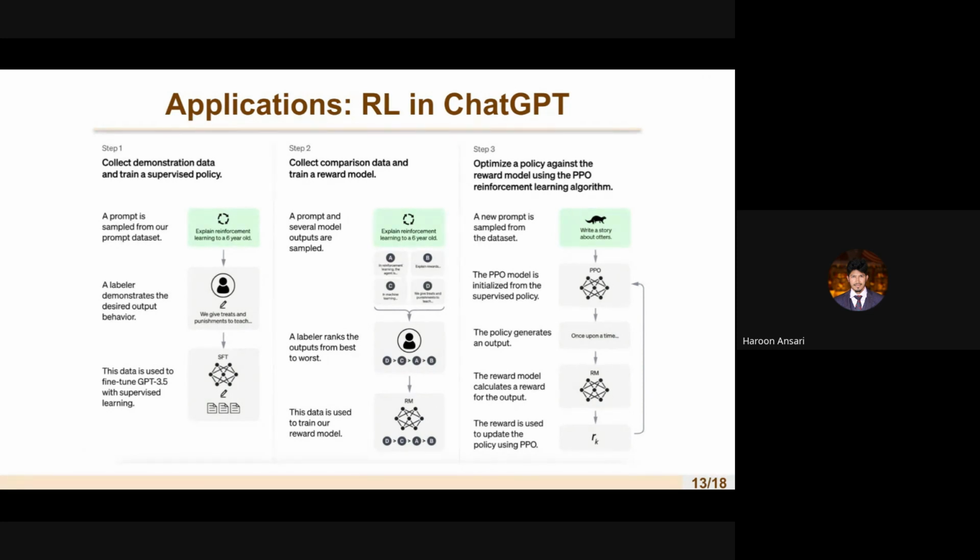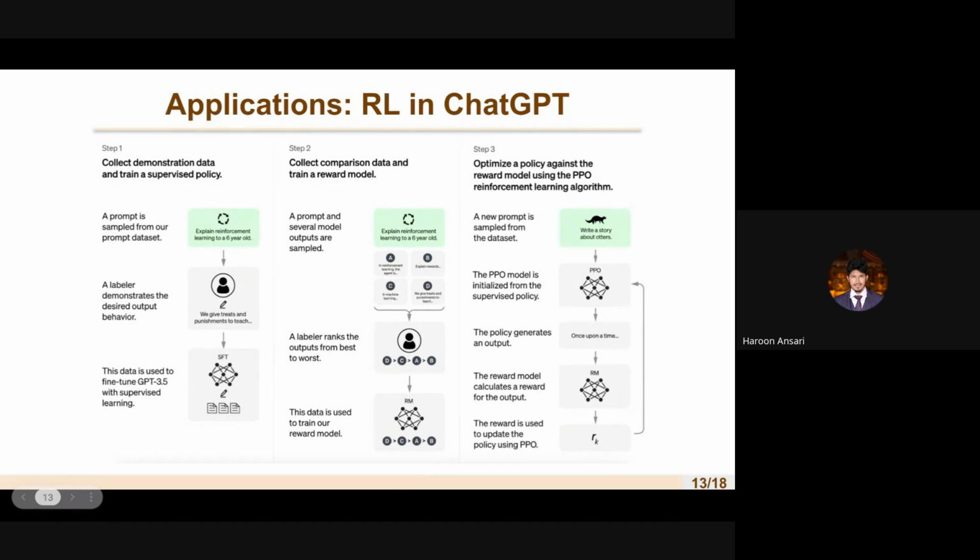Then they asked humans to rank these responses in the order of how good they are. They ranked it like D is better than C, is better than A, and B is worst. So a labeler ranks these outputs. These are outputs given by the same model in different iterations, and this is the good output and this is the bad output.